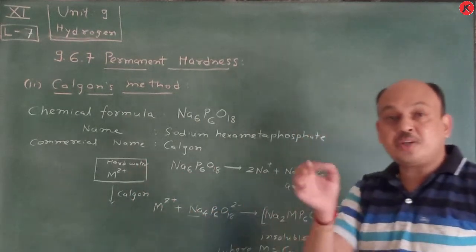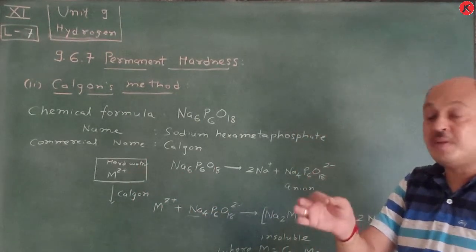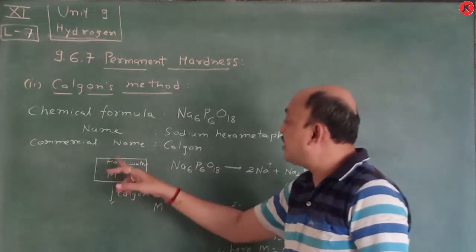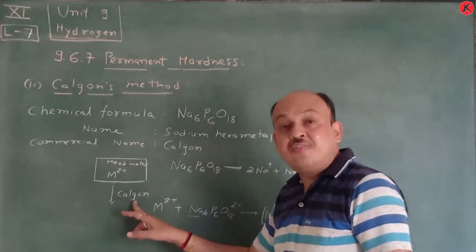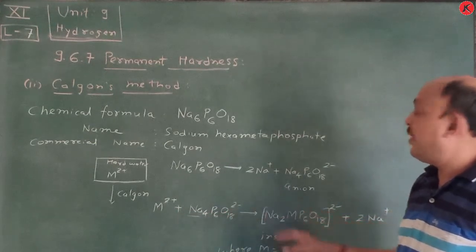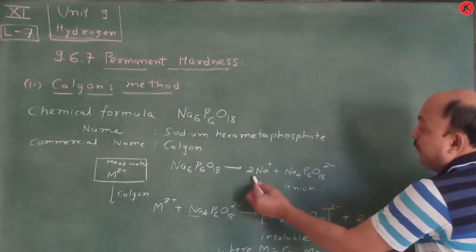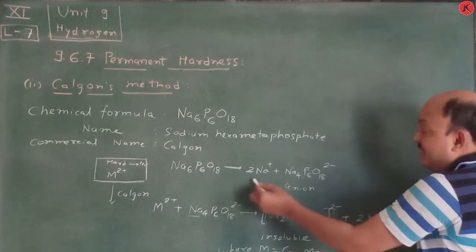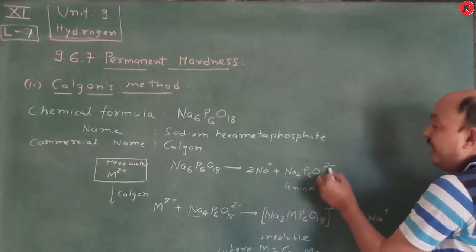In hard water, M+2 ions are present in the form of soluble salts. When this hard water is treated with Calgon, first of all the Calgon is ionized into a cation and an anion, twice Na plus and Na4P6O18 2 minus.